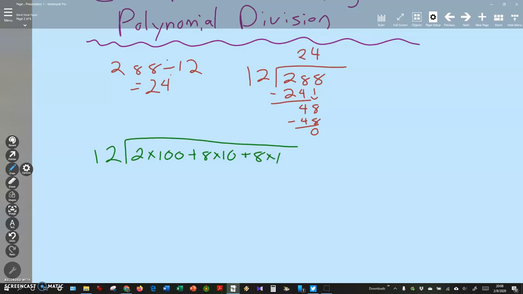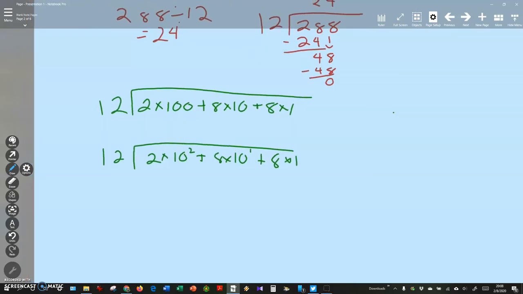We could also write it, if we want to be a little fancy, as 2 times 10 squared plus 8 times 10 to the first power plus 8 times 10 to the 0 power, or we can just leave it as 8 times 1 here.